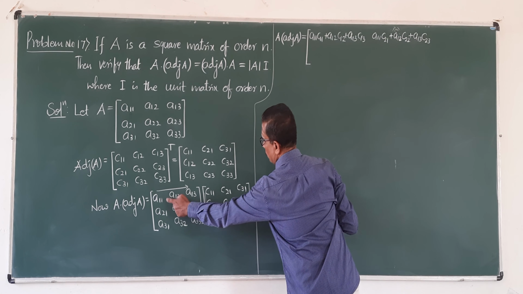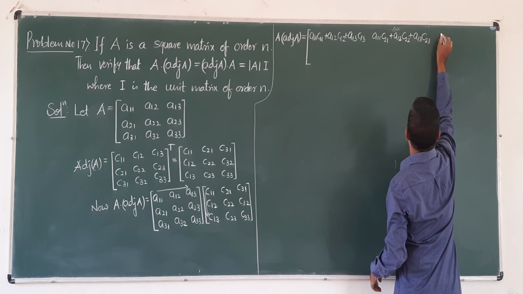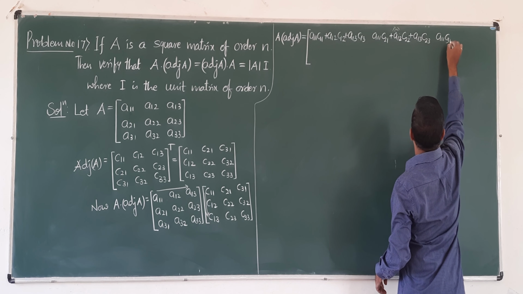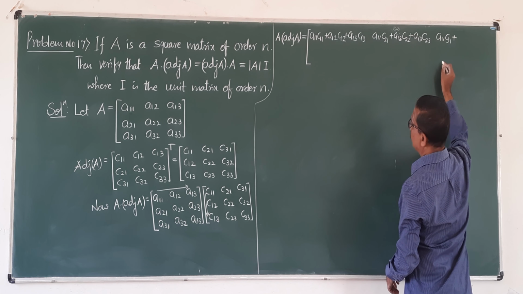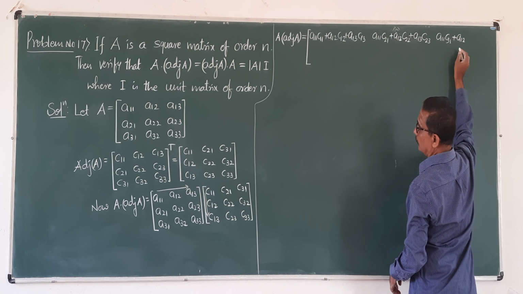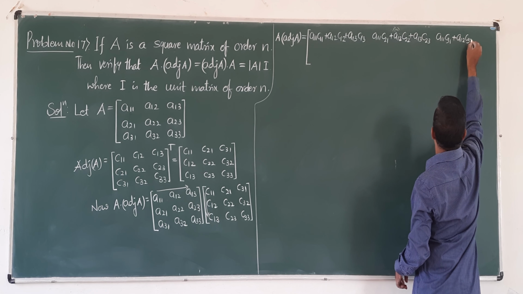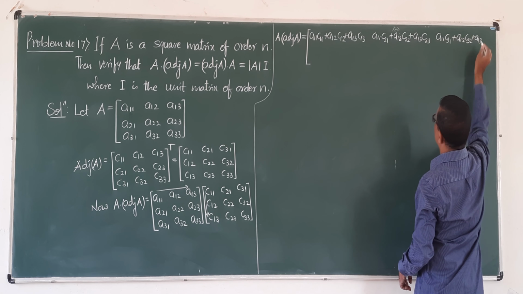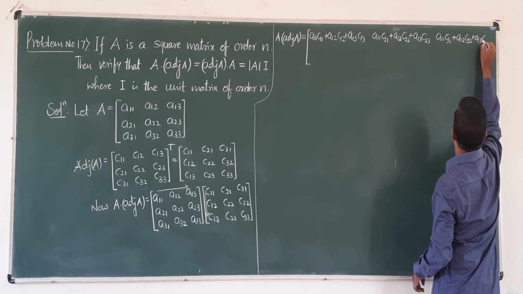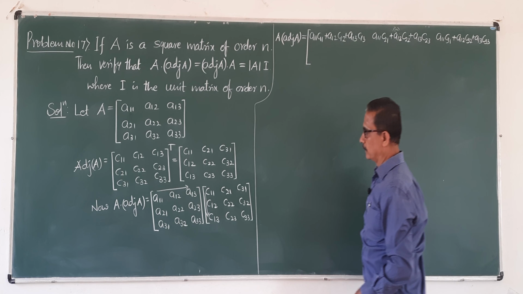First row by third column: A11 C31 plus A12 C32 plus A13 C33. First row over.